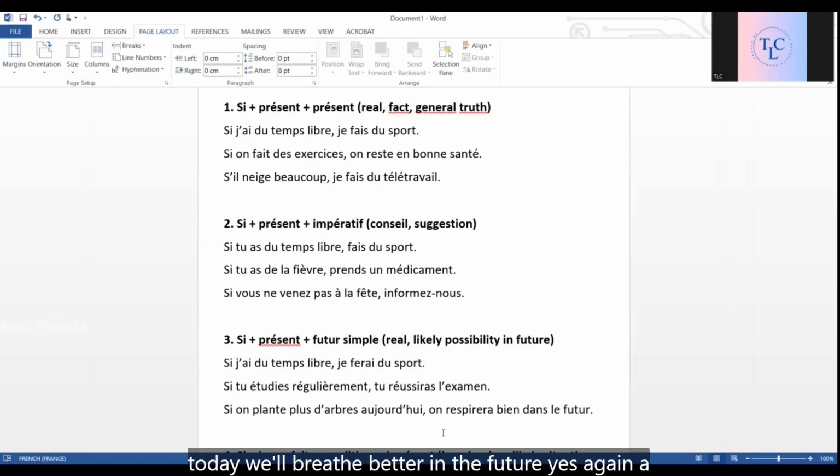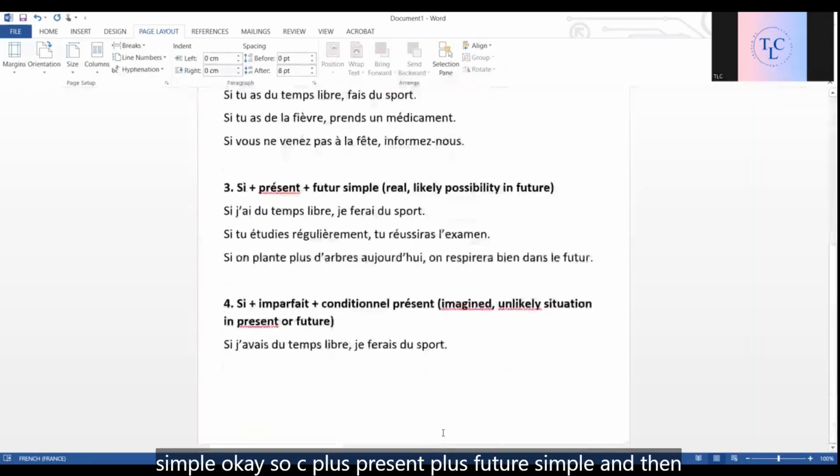Again, a consequence in the future of an action. And remember, many people make that mistake of writing si plus futur. No. The first part has to be in présent, and the second part, the conséquence, résultat, should be in futur simple. So si plus présent plus futur simple.